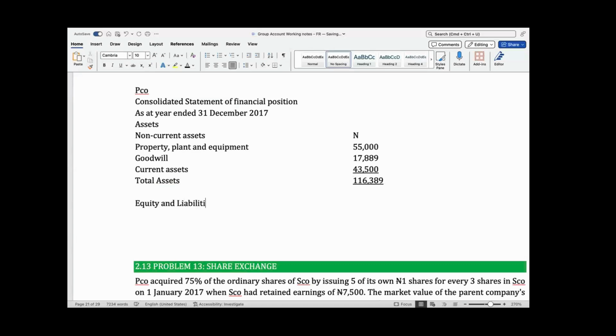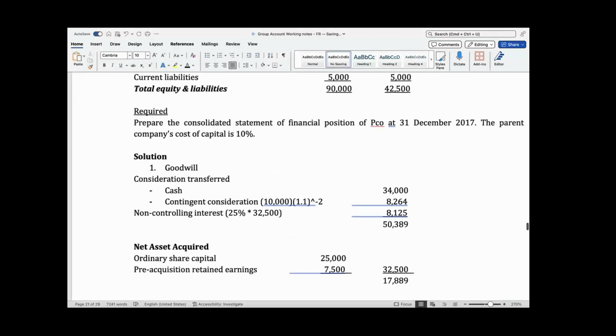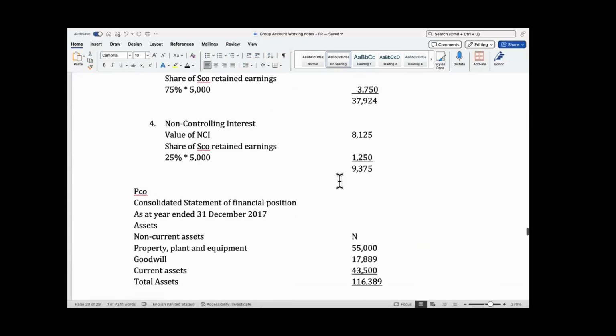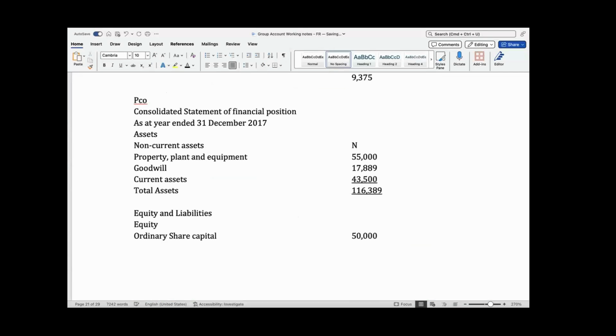Equity and liabilities. Equity, ordinary share capital. By now, you should be used to the fact that the ordinary share capital will be that of the parent alone because that of the subsidiary has been cancelled out. Whatever balance is remaining is now known as NCI, no longer equity or ordinary shares. So the ordinary shares we consolidate is only that of the parent, which is 50,000.